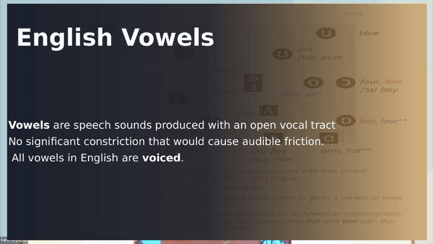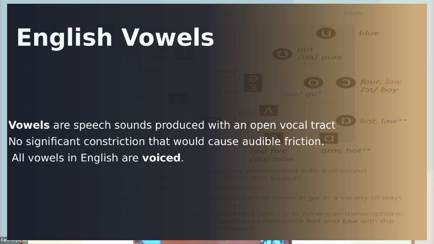You're simply changing the shape of your tongue at each point. This interaction, the size of your oral cavity and the shape of your tongue, are basically what you need to produce vowel sounds, not necessarily any contact between articulators.